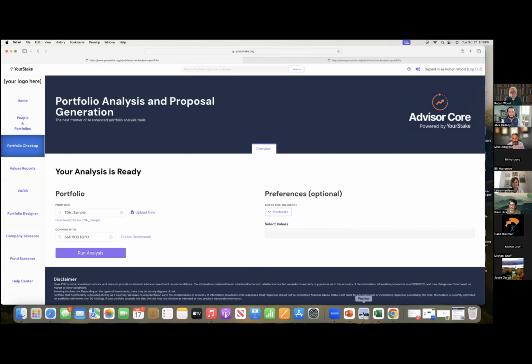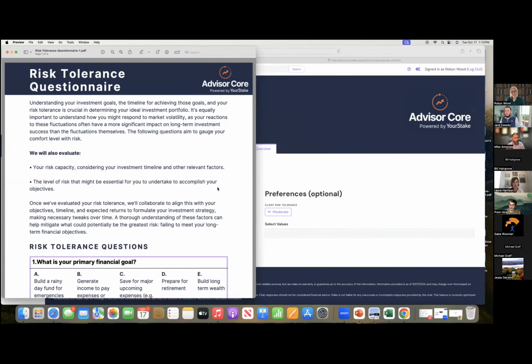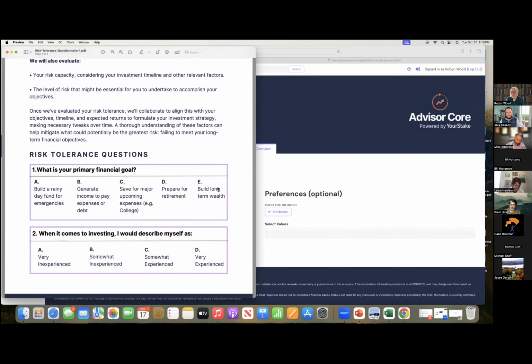Now, we do have a risk tolerance questionnaire that we are going to be coming out with very soon. And just to give you a preview of what we're working on here, we hope to have this out in early November, which is not very far from now. So this is one of the new capabilities that we're really excited about.